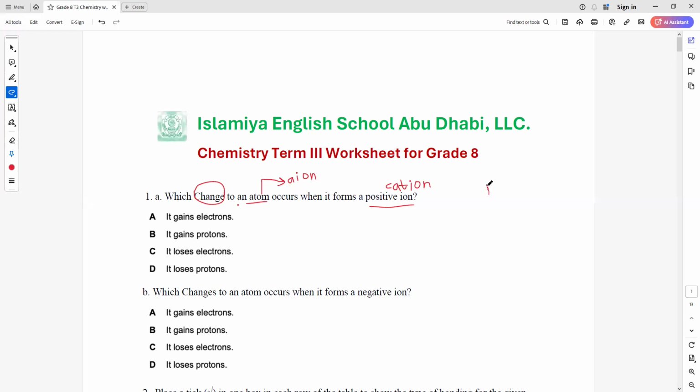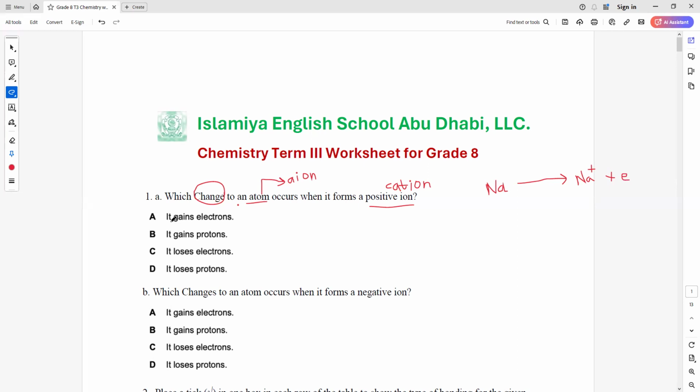If we take a typical example, sodium is an atom. So if we want to produce sodium cation, the sodium should lose one electron from its outer shell, right? So Na+ is produced by removing one electron from the outermost shell of the sodium atom, right?